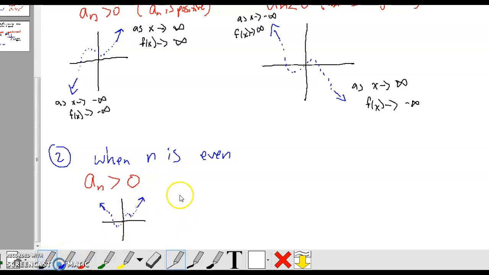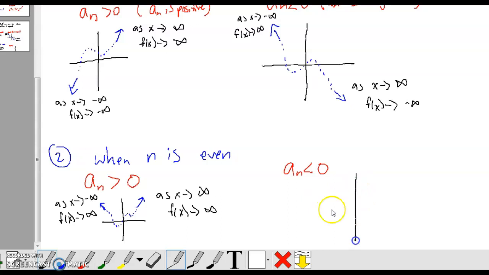Again, if I want to describe this end behavior, I'm going to say as x approaches infinity, my f of x is also approaching infinity. Over here, I'm going to say as x approaches negative infinity, f of x is approaching infinity. So when I describe my end behavior, I want to talk about both ends, the beginning and the end of it. And then what happens if it's less than 0?